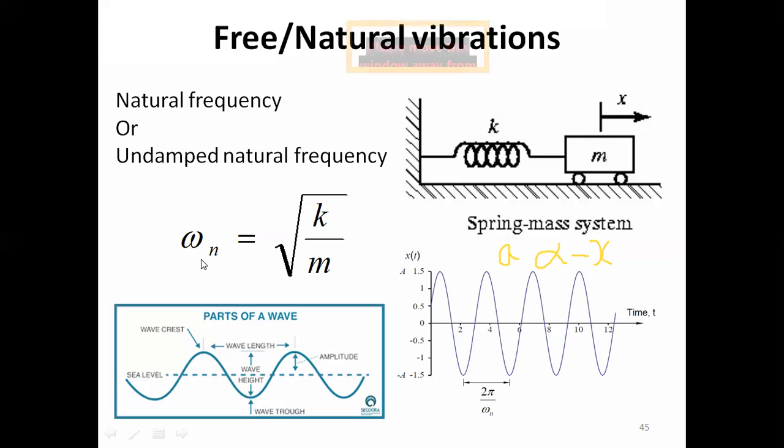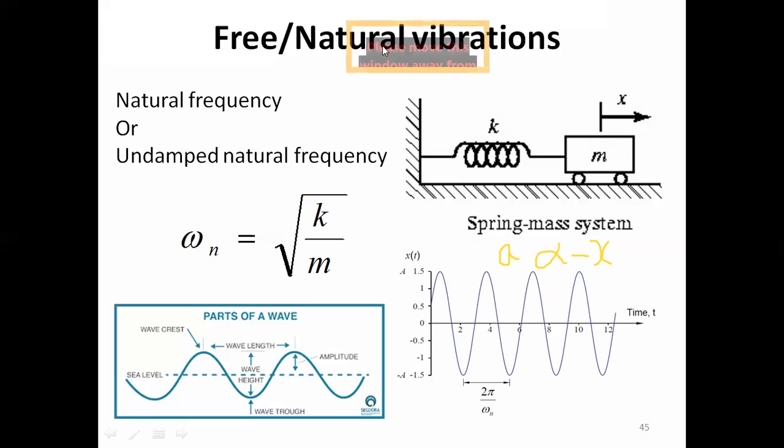Omega n is the circular natural frequency of the system. Its unit is radians per second. And the relationship between the frequency and circular natural frequency is that f n is equal to omega n over 2 pi. So omega n is equal to 2 pi f n.